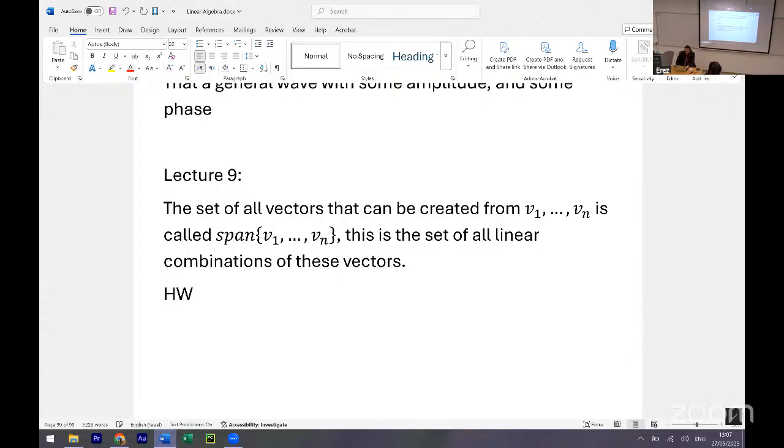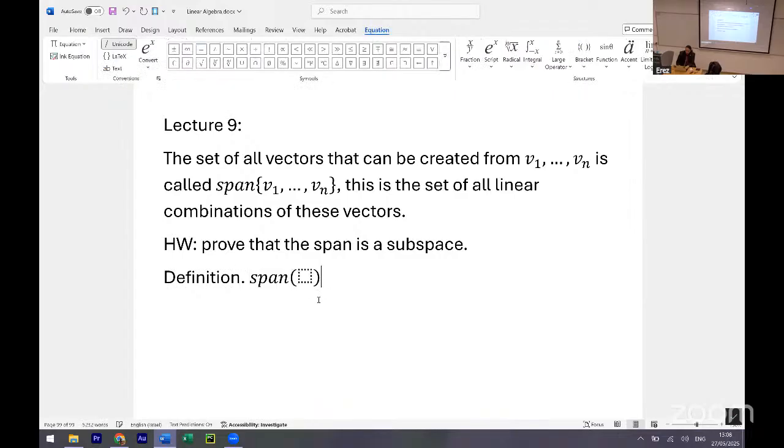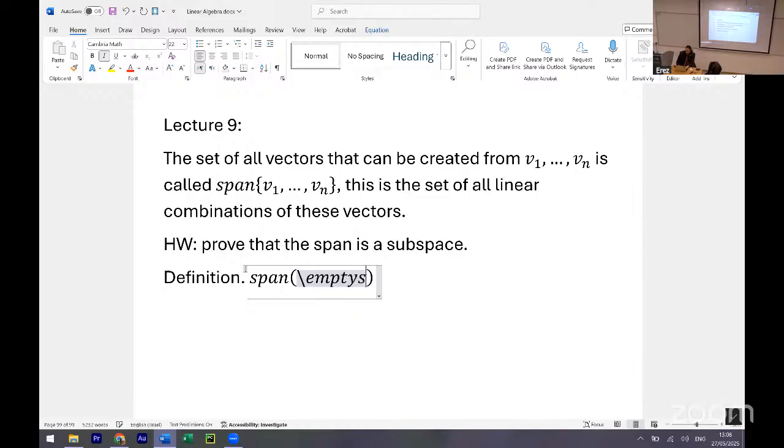Homework exercise. Prove that the span is a subspace of the entire vector space. And another definition, the span of the empty set is by definition only the zero vector.